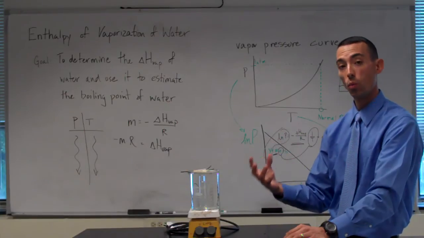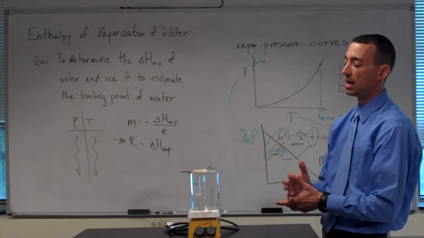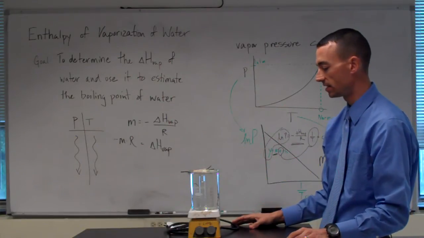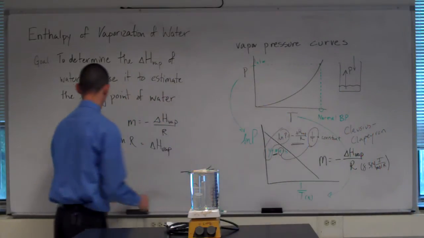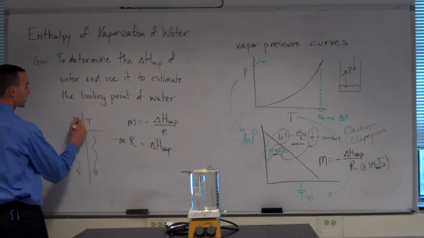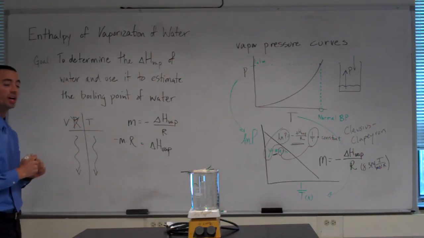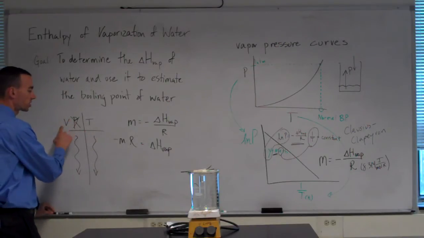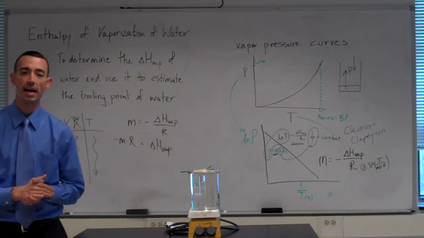We're going to be adding water vapor, which is going to expand the volume, but the pressure will remain constant inside that. So that's going to be the important key. So actually, when you leave the lab today, you won't have pressure versus temperature, you'll have volume versus temperature, and we're going to do the data conversions to turn the volume into pressures, which we'll use in our data analysis.